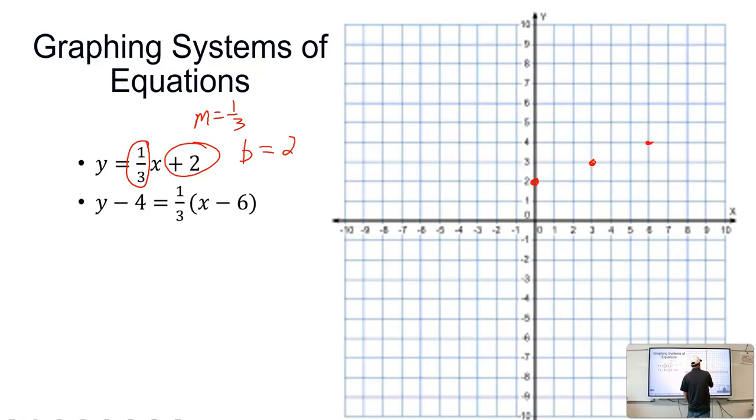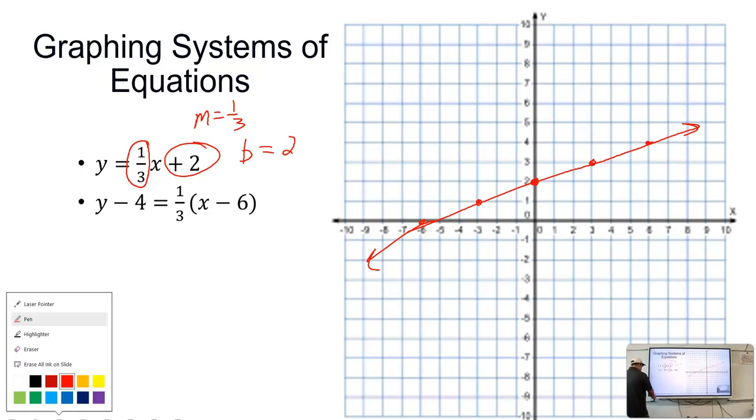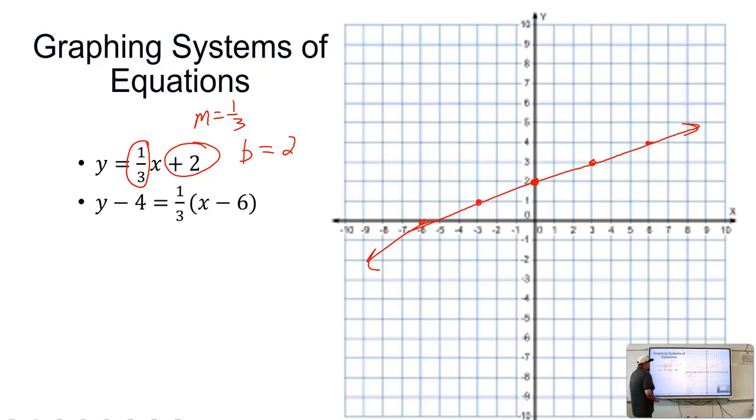Or you could go down 1, left 3, down 1, left 3. Draw your line. All right, let's take a look at the second equation. This is point slope form. So my slope is 1/3, which is the same as that one. So it's either going to be no solution or infinite solutions because it has the same slope.